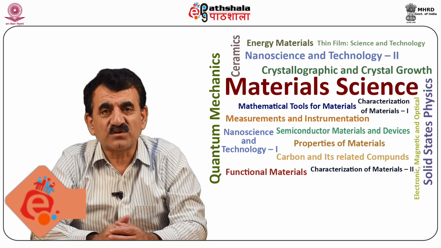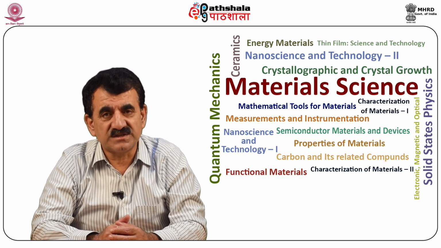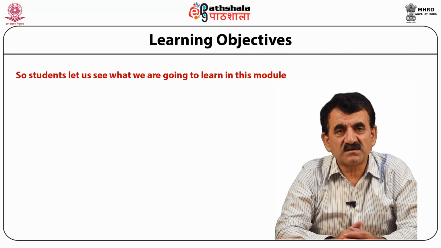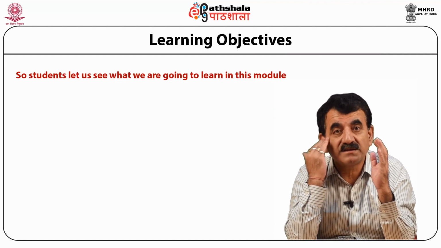Today we are going to talk on the module Magnetic Properties of Solids first, under the paper Solid State Physics. So students, let us see what we are going to learn in this module.